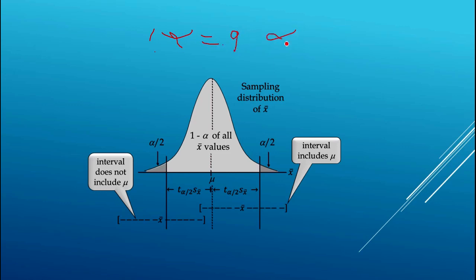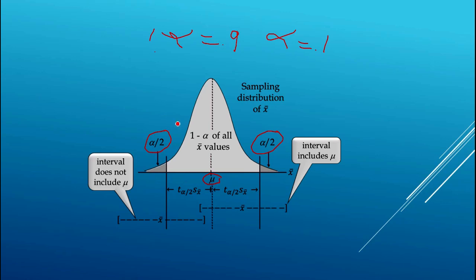So alpha is equal to 0.1, and alpha over 2 is equal to 0.05. So there's 5% of the area left over in each of these tails. Here's mu, here's our mean. We construct this confidence interval, and we say it's a 90% confidence interval because 1 minus alpha is equal to 0.9, and there's 5% of the area left in each tail.